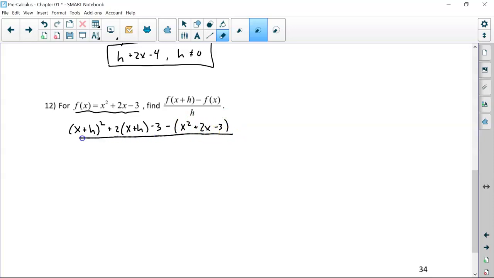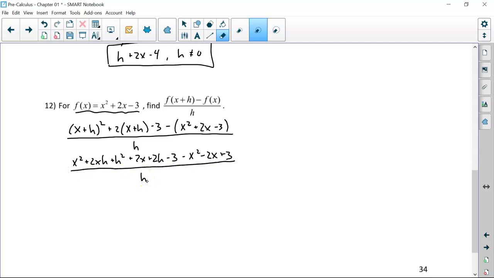And that's all divided by h. Square the x plus h, you get x squared plus 2xh plus h squared, plus 2x plus 2h, minus 3, and then distribute the negative: negative x squared, minus 2x plus 3, all divided by h.